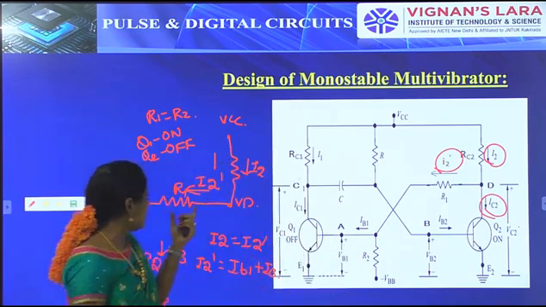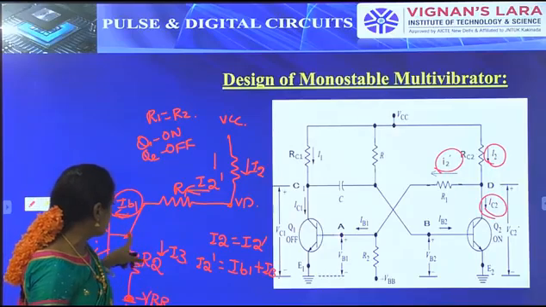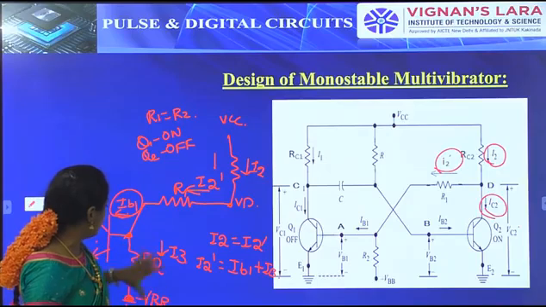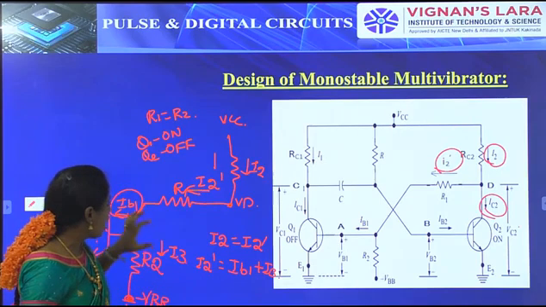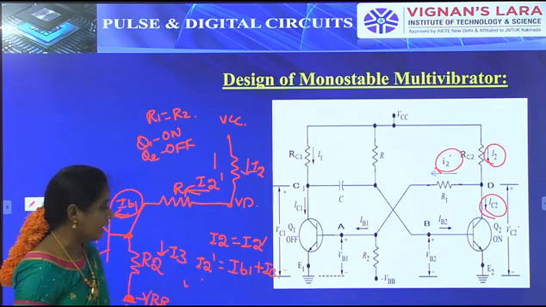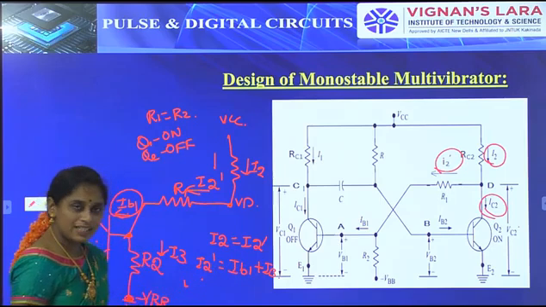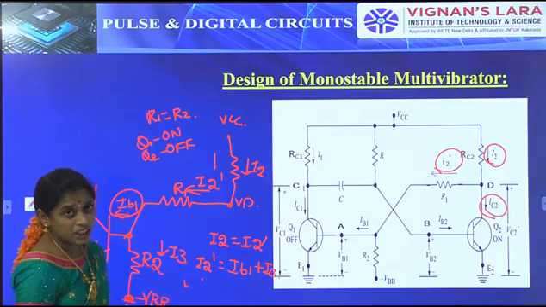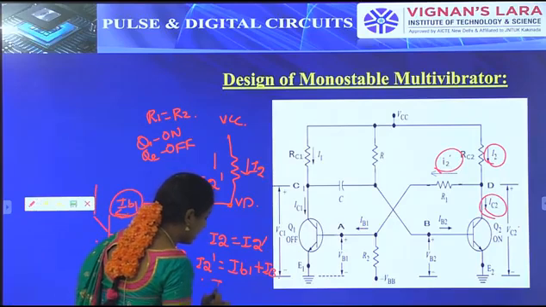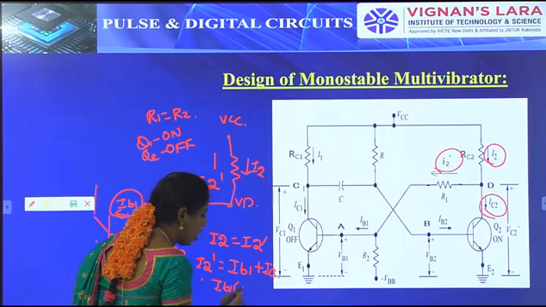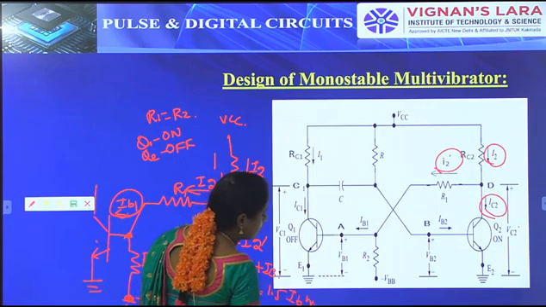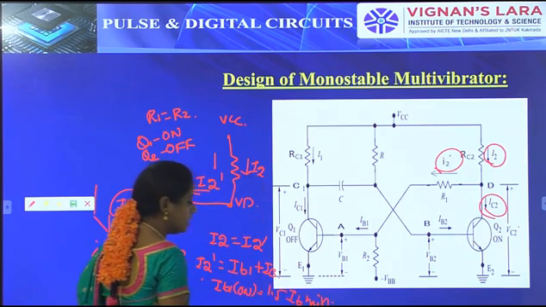After that, the I2 dash current flows up to this point and is split like this, IB1 and I3. So I2 dash is equal to IB1 plus I3. As we know, IB1 is the minimum current required for the transistor to be on, so we treat it like this: IB1 or IB on is equal to 1.5 times IB minimum.